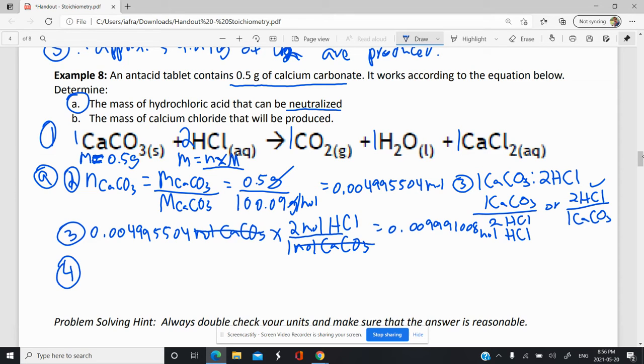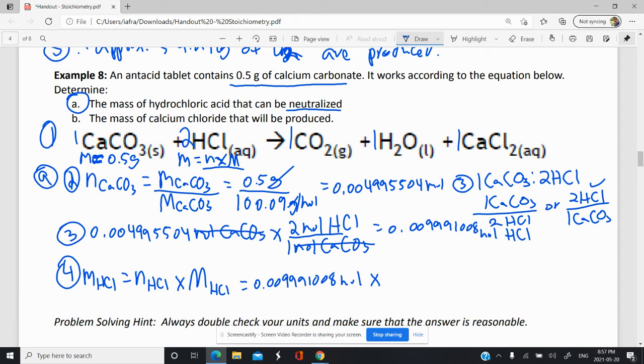So we have the mass of HCl that can be neutralized is equal to the moles of HCl that can be neutralized, and that comes from the previous step, step 3, multiplied by the molar mass of HCl. And so that's going to be 0.009991008 moles times the molar mass of HCl. So that would be, what do we get? 35.45 plus 1.01.